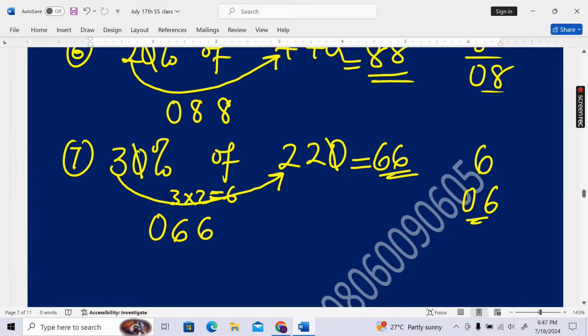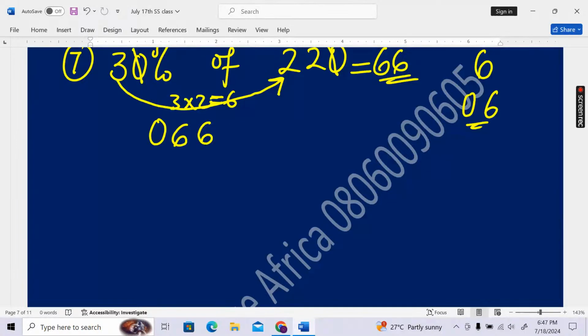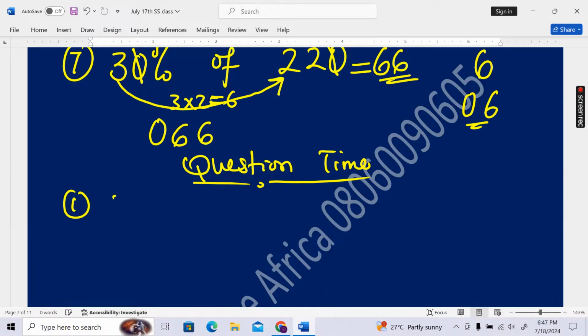Now, for this mathematical concept, it is question time. The first question: what is 30% of 330?